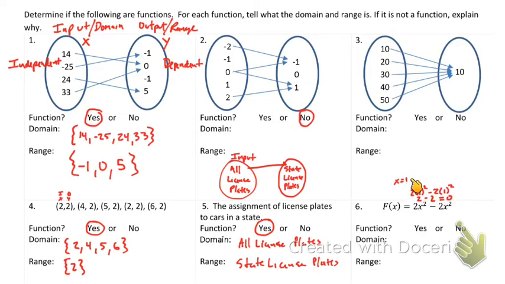Can 1 have a different output? Is there any way that when I just plug in 1, it only gives me one answer? Or can you think of a way where I plug in 1 and it still gives me a totally different answer? It gives me a second answer. Okay? So again, if I'm buying the item number 1 at the store, according to this function, item number 1's price is 0.